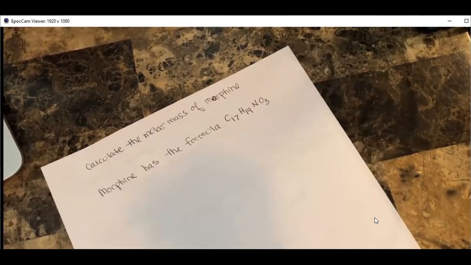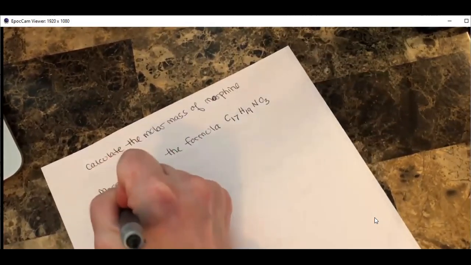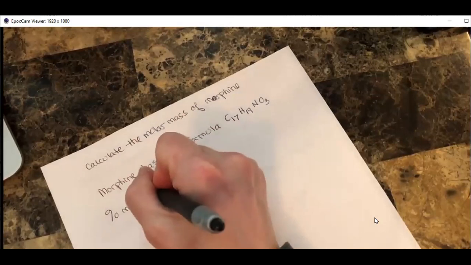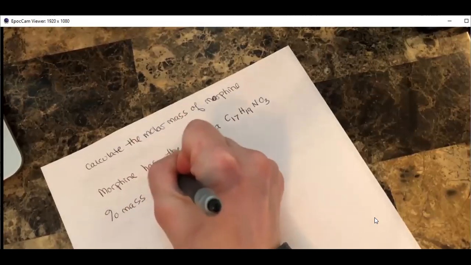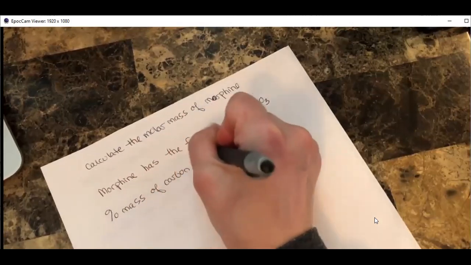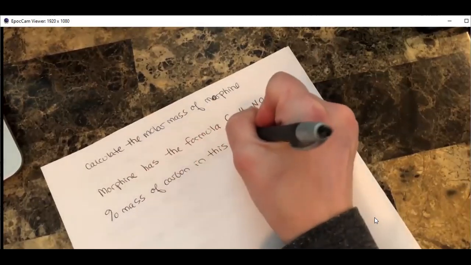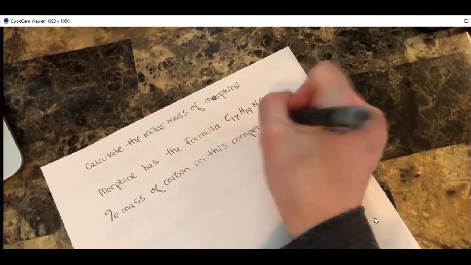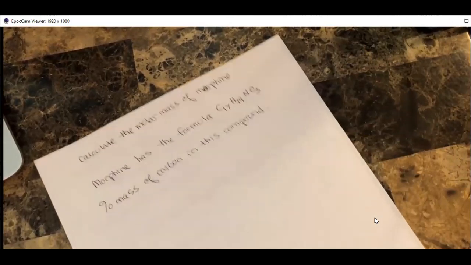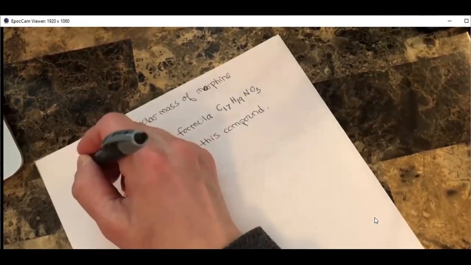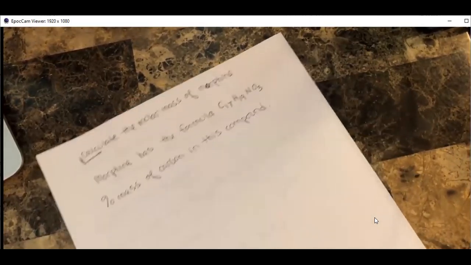Okay, we want to find the percent mass of carbon in this compound. Okay, so our first step here, where I wrote it up here, is calculate the molar mass of morphine.